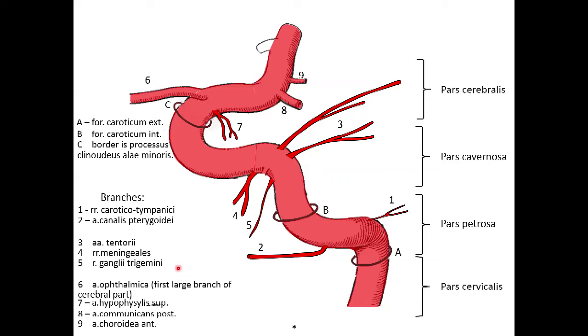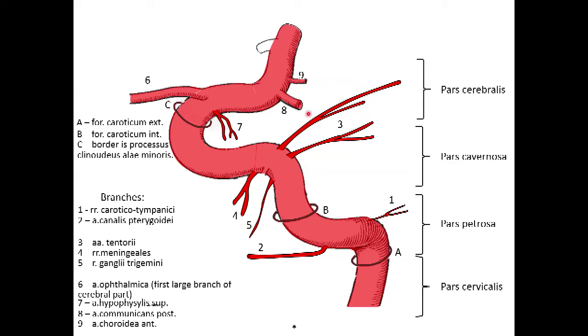And fourth, pars cerebralis has number 6, arteria ophthalmica for the eyeball, and number 7, arteria hypophysealis superior, a very independent vessel from arteria carotis externa. And then communicans anterior and choroidea anterior, number 8 and number 9.